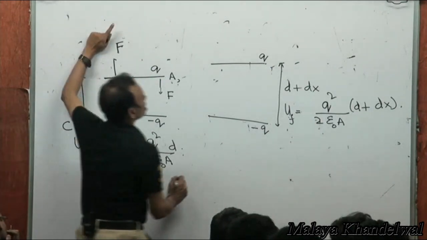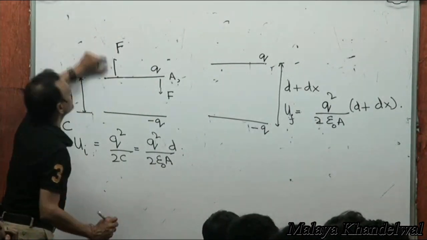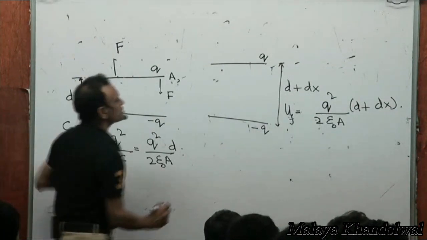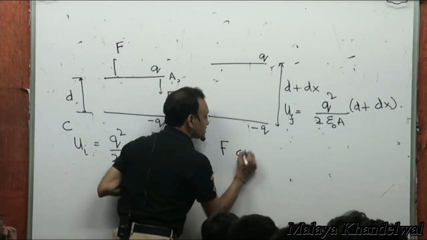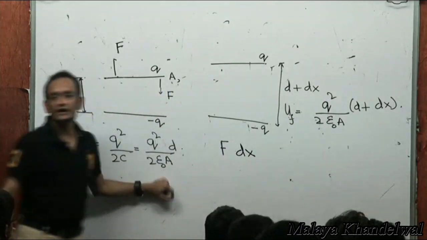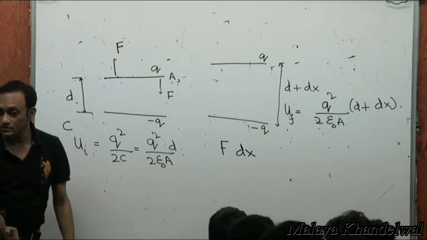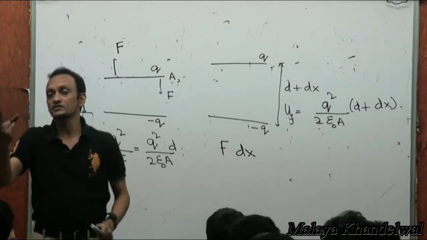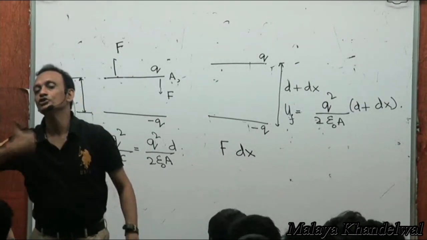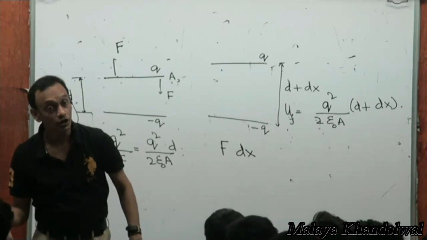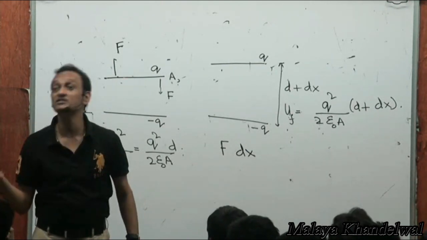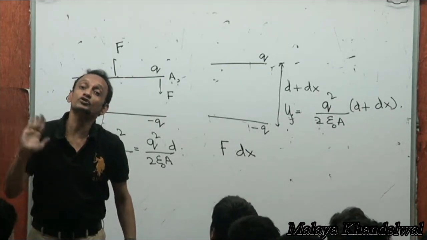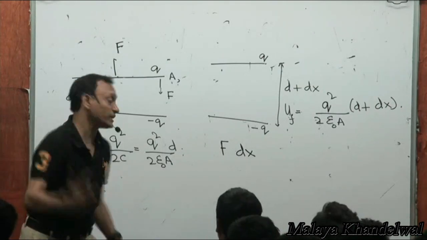Now, if this force F caused this plate to get displaced by an amount dx, what's the work done by this force? F into dx is the work done by this external force, and work done by an external force will go towards two things. One, change of potential energy. Two, change of kinetic energy. But there is no change of kinetic energy. That means this entire work done should have contributed towards change of potential energy.